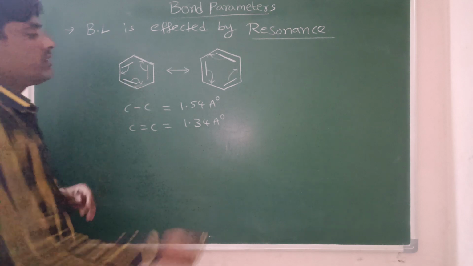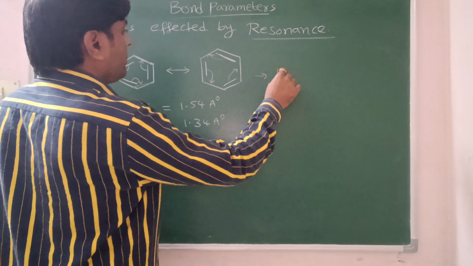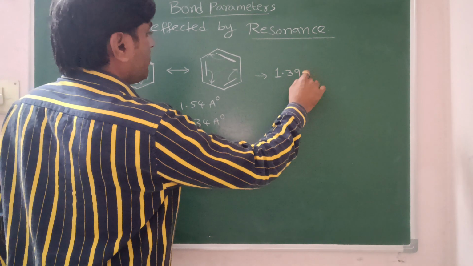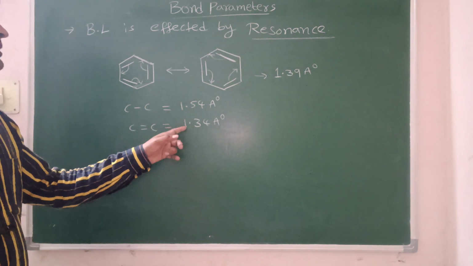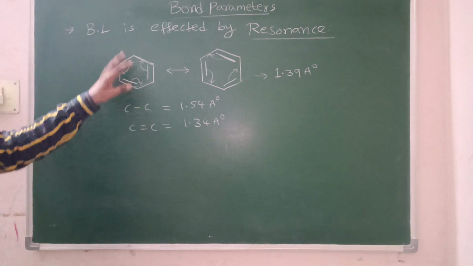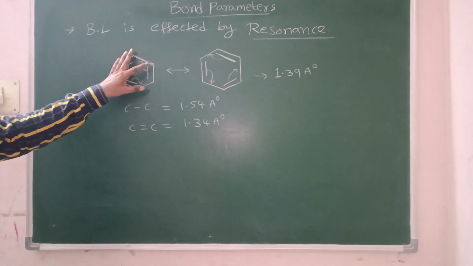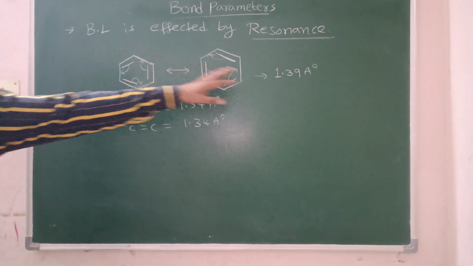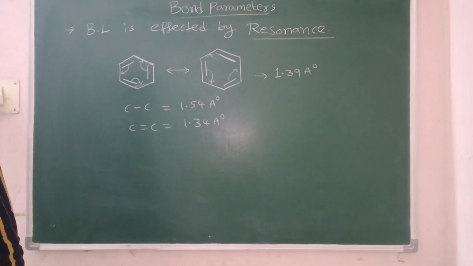That's why the carbon-carbon bond length in benzene is 1.39 angstroms. In benzene, the bond length between all the carbons is the same. Between these two carbons, between these two carbons, between these two carbons, the bond length is the same, that is 1.39 angstroms.